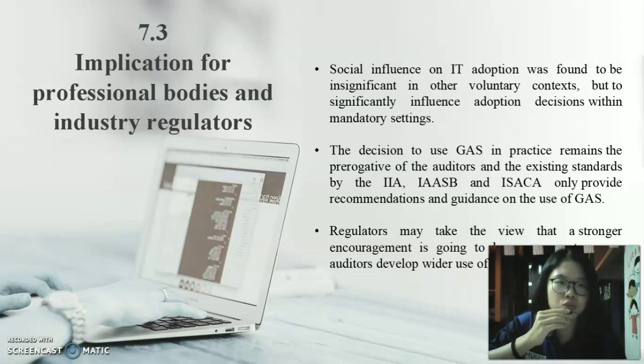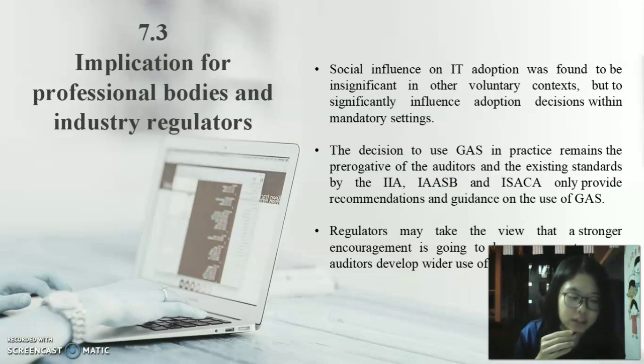The decision to use GAS in practice remains the prerogative of the auditors, and the existing standards by the IIA, IASB, and the ICAEW only provide recommendations and guidance on the use of GAS. Subsequent work is needed to determine whether the results would still be the same in mandatory settings or with non-expert decision makers.